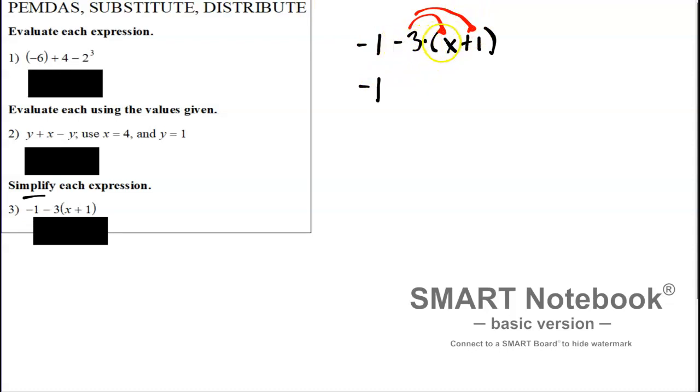So I have -3 times x, and then I have, let me put the plus, -3 to the 1, so that's like this. Okay? Did you catch that? That's it. That's distribution. You're going to have that sometimes. You have to appreciate that property of distribution for the CBA 6 and moving forward in your math careers, okay? So again, the distribution is this guy on the outside coming in here, okay?